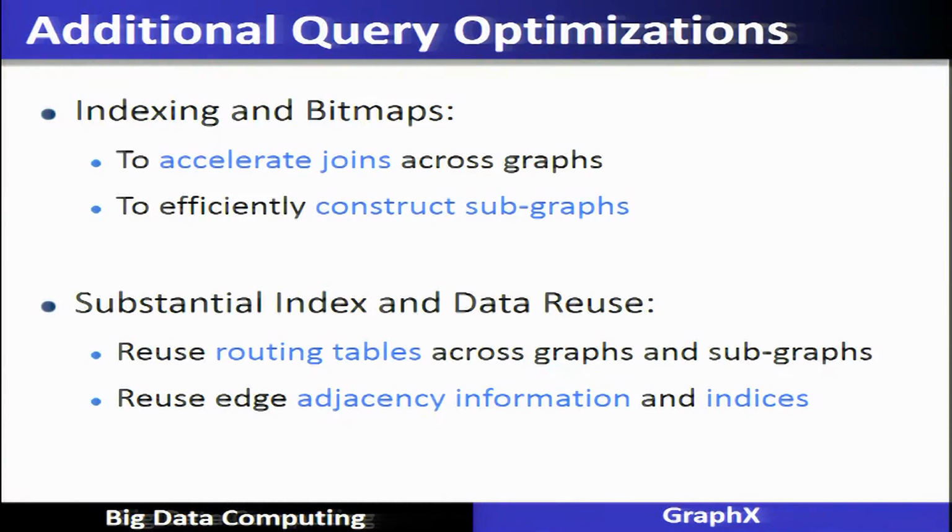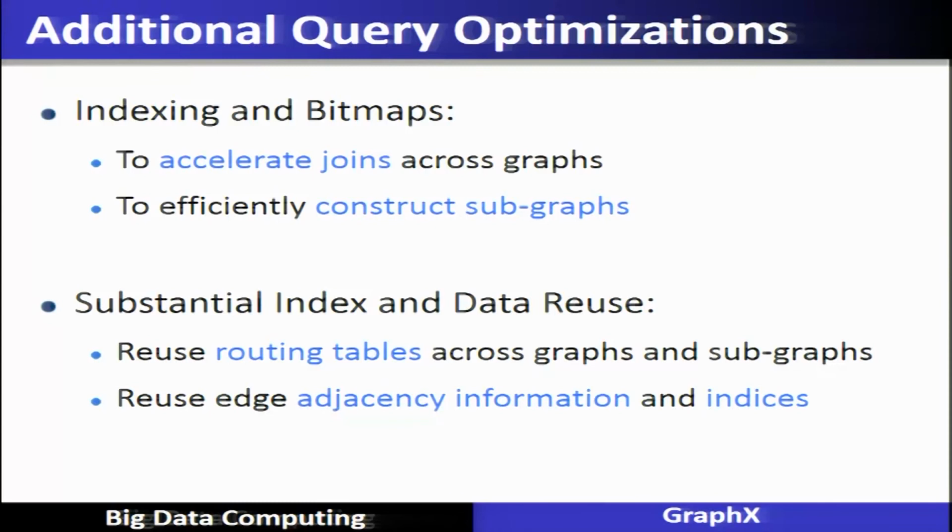Therefore, there are additional query optimizations available, such as indexing and bitmaps, to accelerate joins across the graphs and efficiently construct subgraphs, with substantial index and data reuse. So, reuse routing tables across graphs and subgraphs, and reuse edge adjacency information and indices.